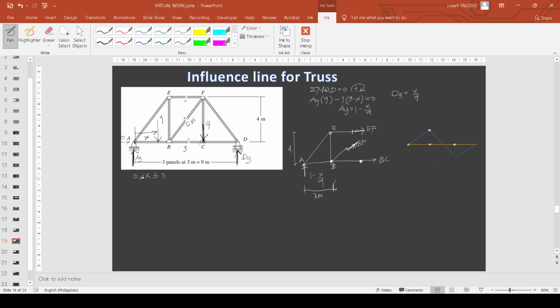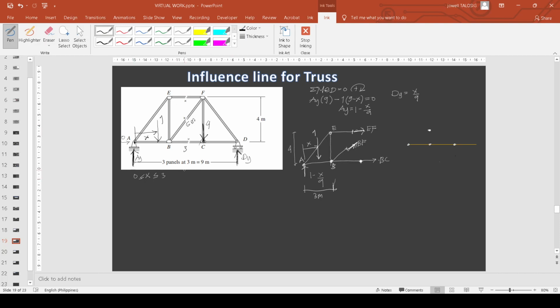So, when x is between 0 and 3, so nandito yung ating 1. Okay, this is x. So, ang next na makukuha natin dito will be member EF, no? Influence line ng member EF, sorry.